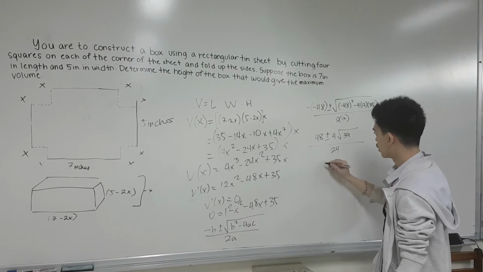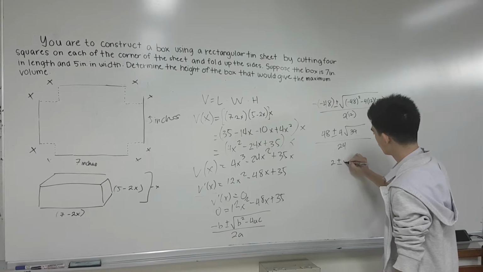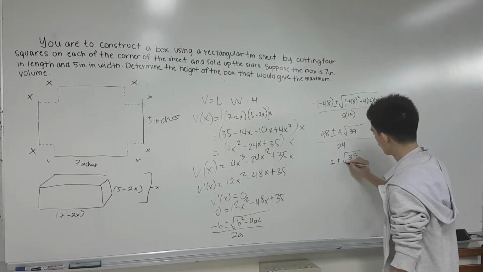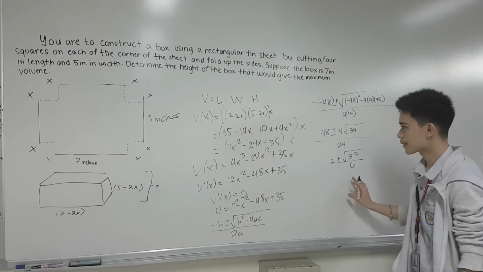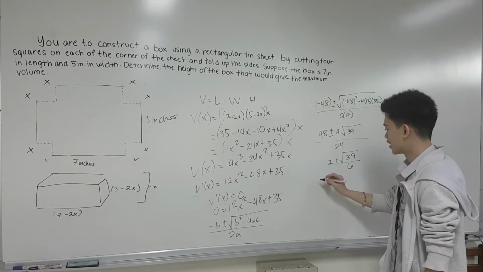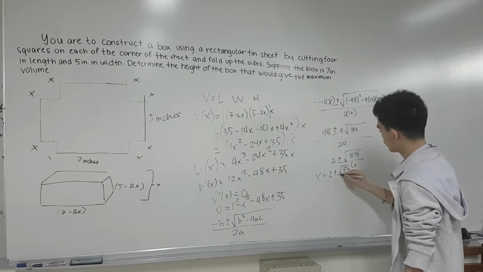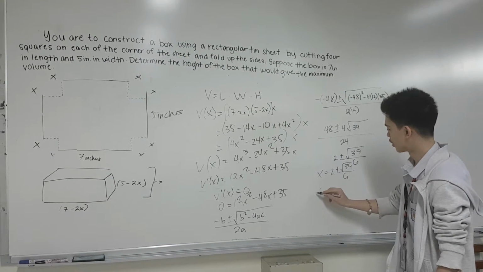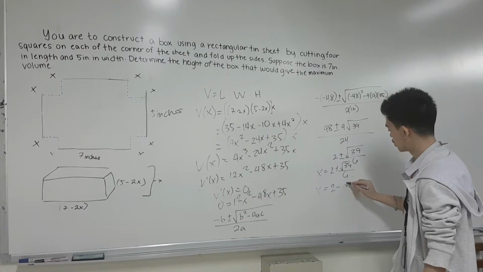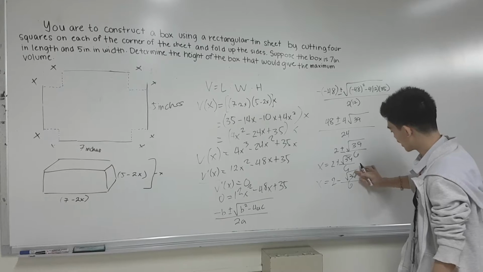Further solving this, we get 2 plus or minus square root of 39 over 6. Now, we are left with two possible answers for x: x equals 2 plus square root of 39 over 6, or x equals 2 minus square root of 39 over 6.